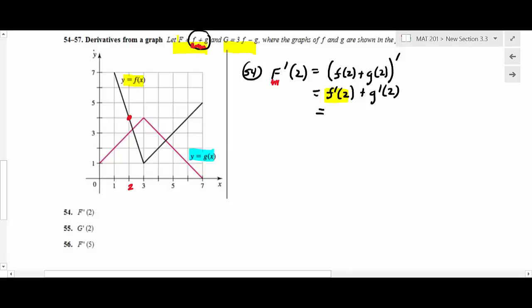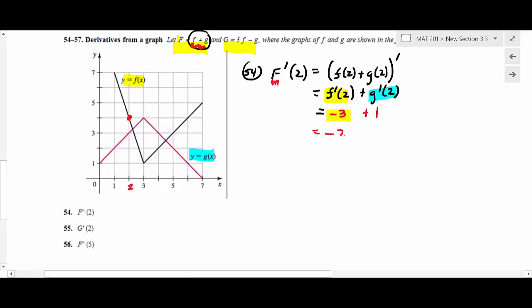Okay, so again, if you look at this piece right here, f prime of 2 is going to be the slope of this line, which we said is down 3, right 1. So that's just -3. And then g prime of 2 is going to be the slope of the red line right there. That looks like up 1, right 1. So that goes like that.